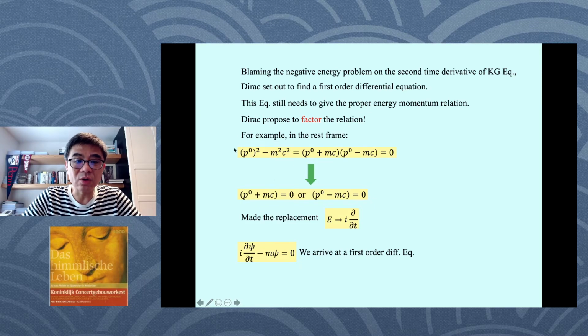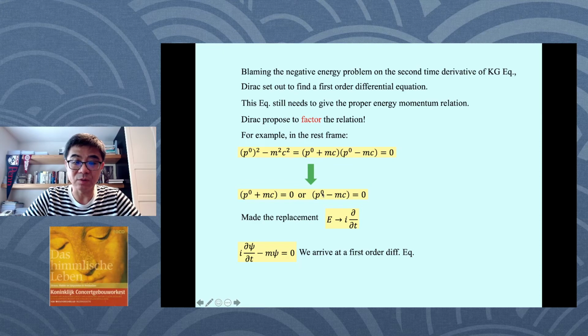Dirac proposed to factorize this relation into (p0 plus mc) times (p0 minus mc) equal to 0. Therefore, either p0 plus mc is equal to 0 or p0 minus mc is equal to 0. By doing this factorization, we get the energy relation in the first order of p0.